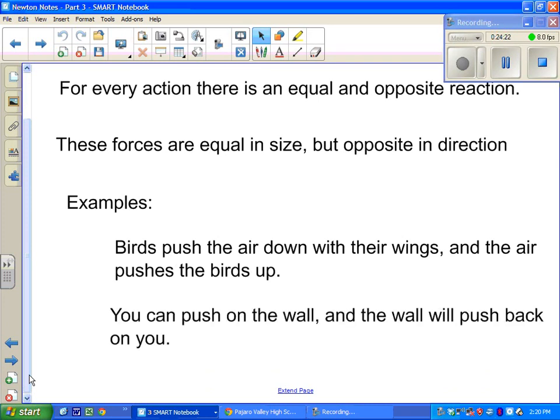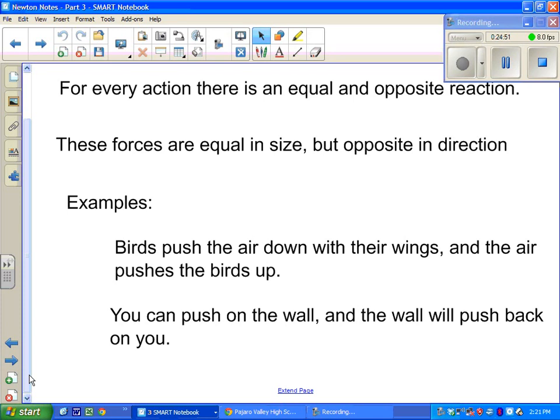If I put my hand on the wall and I lean at an angle, I'm pushing on the wall, and the wall pushes back on me. If the wall didn't push on me, I would fall straight to the ground. And if the wall pushed me harder, I would fly forward. So they're equal. Equal in size, opposite in direction.